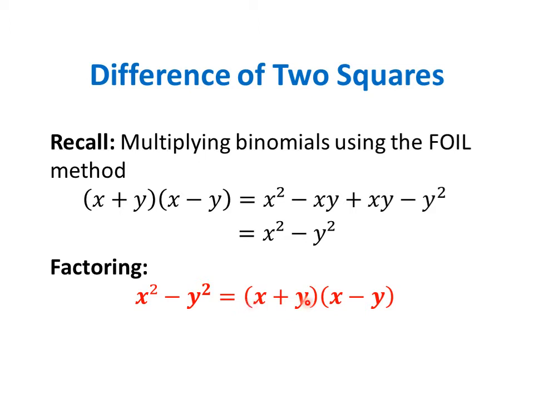Then we copy x and y into another set of parentheses and put plus and minus to indicate the sum and difference. In other words, or simply put, the factors of the difference of two squares are the sum and difference of the square roots of the corresponding terms in the given binomial.